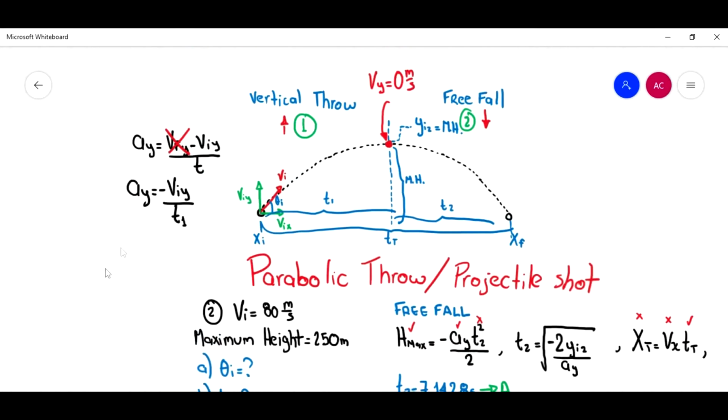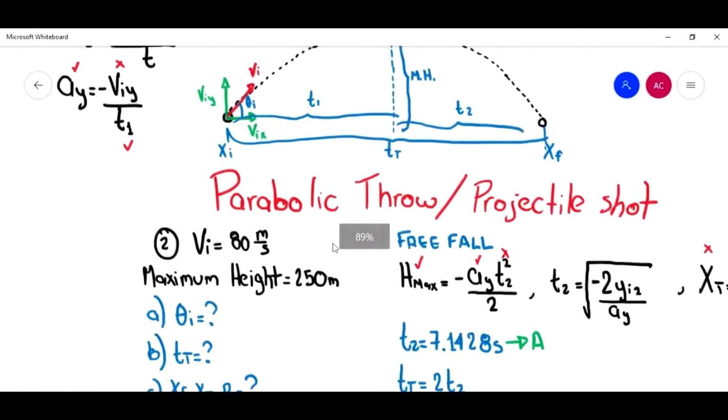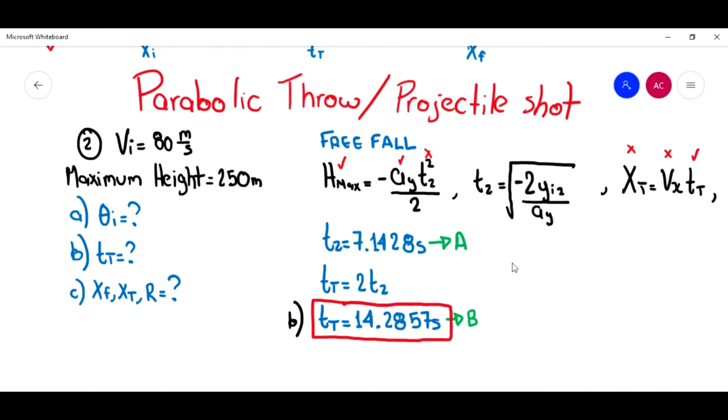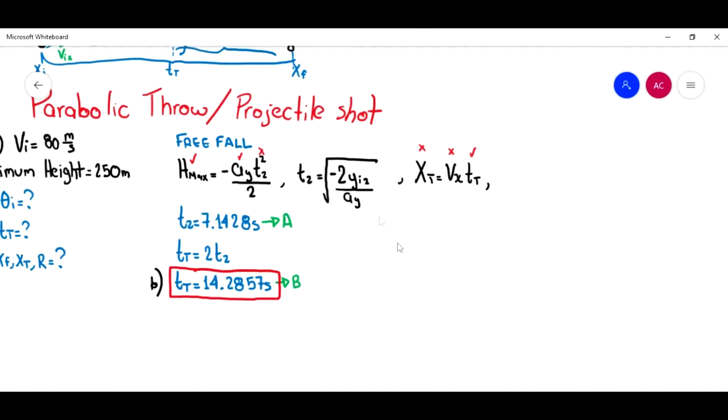Okay, well, let's see what I have before I isolate. Acceleration in y, I got acceleration in y, I got time 1, but I don't have initial velocity in y. So I can find that one. So if I find it, well, I'm just going to write it again.